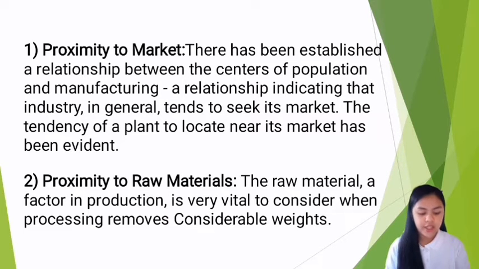Another good example that may be mentioned is the meatpacking industry located at Chicago or Kansas City in the United States. On the other hand, if the material is readily mobile, or if the cost of moving it is small in relation to its value, then the source of material is only a minor consideration. So proximity to the market may prevail.